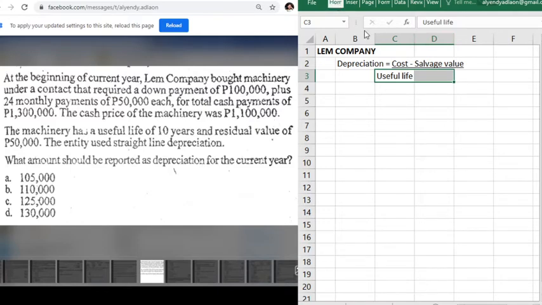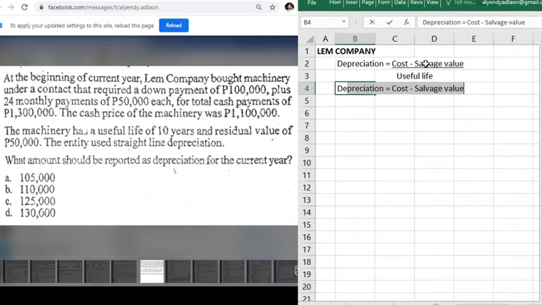I know that you already know how to compute the straight line depreciation because of course that is a basic accounting topic. Now for this problem, we are to determine the cost and then less any salvage value, or in other words, the residual value.